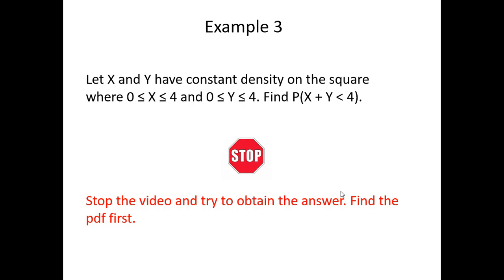Suppose x and y have constant density on the square where x is between 0 and 4, y is between 0 and 4. Find the probability x plus y is less than 4. So one more time, stop the video, try to obtain the answer, and you probably realize that you need to find the PDF first.